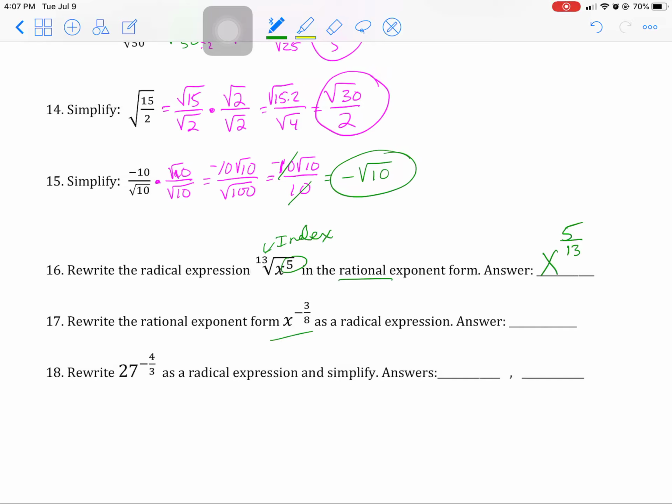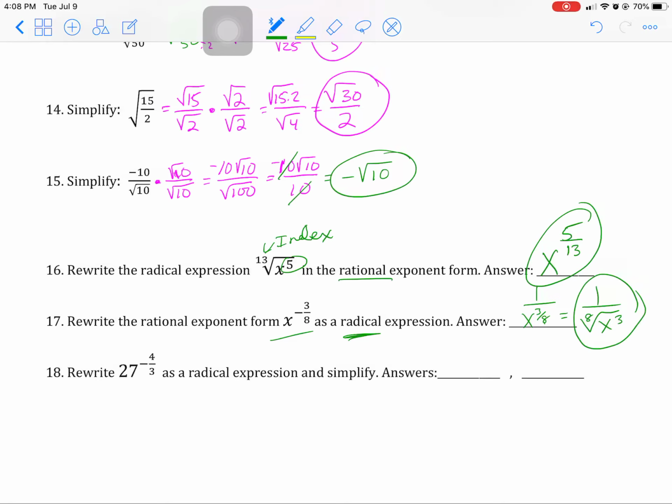Now they want you to turn this back around the other way. The negative means it's under a 1, okay? That gets you here, and then you want to do a radical expression. So that is the same as the index is the 8, the denominator, the x is the base, and that is to the power of 3. So that's the answer for that one. Okay.